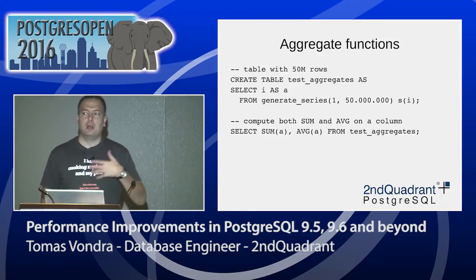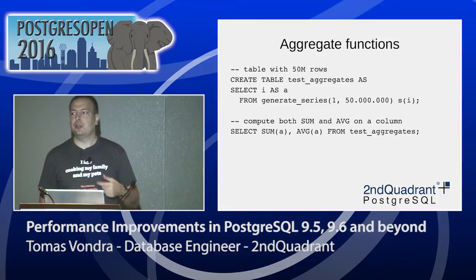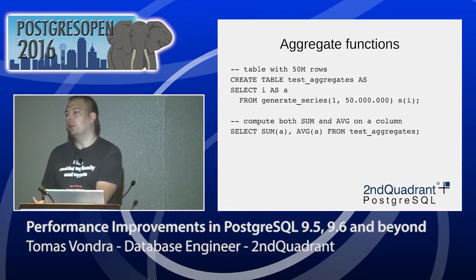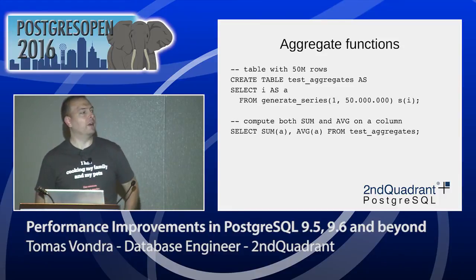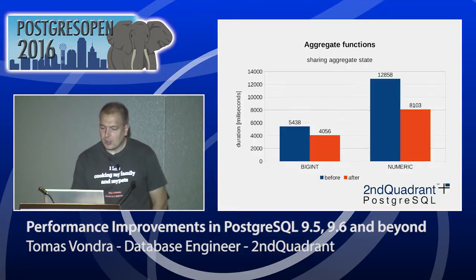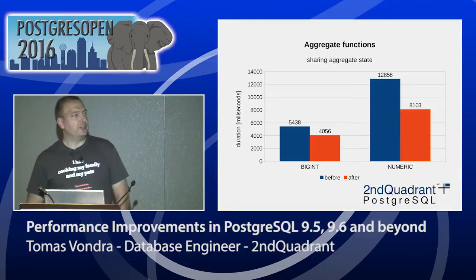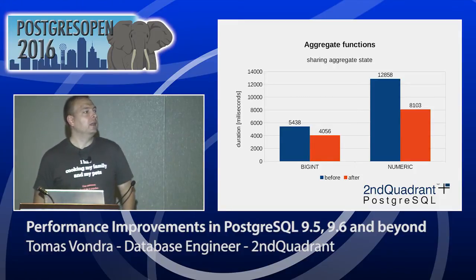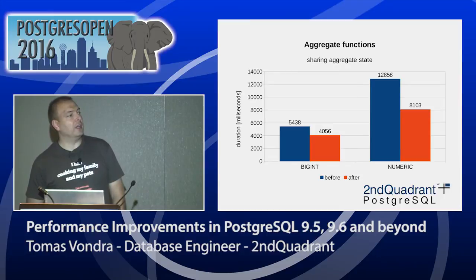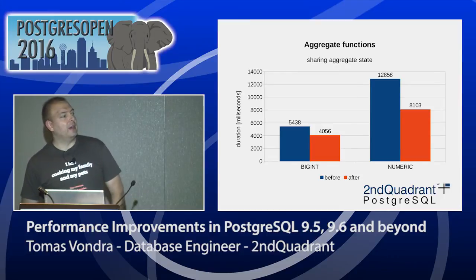Because sum will keep the total, the average needs to keep the total and the count, right? That's how the functions work. And this is the improvement. Before it's 9.5, the red one is 9.6.